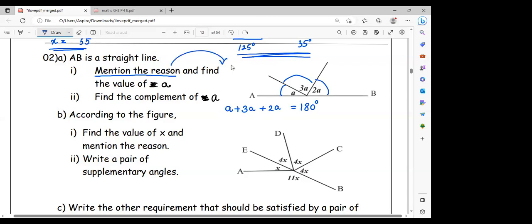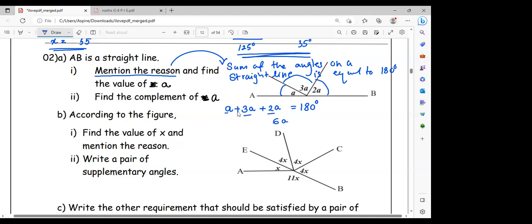What is the reason? Sum of the angles on a straight line is equal to 180. Then here A plus 3A plus 2A, that means the answer is 6A.